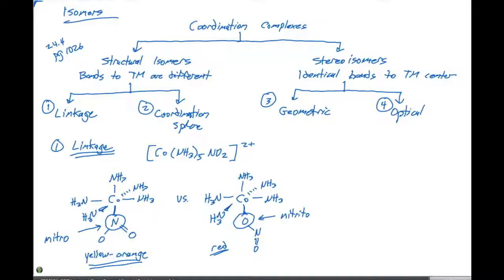In terms of linkage isomers, examples of common ligands are NO2, and also SCN minus.